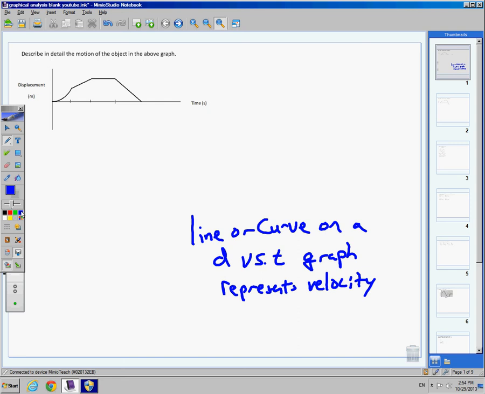So here, this acceleration is going in a positive direction. The next line is actually continuing to go in a positive direction. For the next one, since the object's at rest, it's not moving at all, so there's no direction associated with it. And then lastly, the other line is going to be in the negative direction.